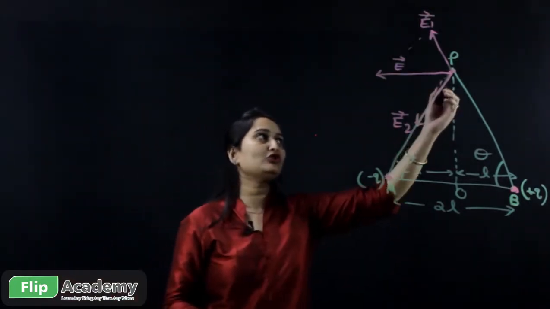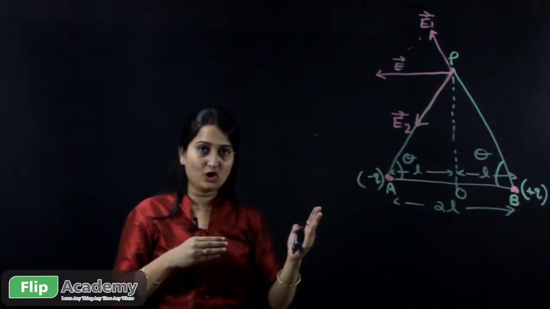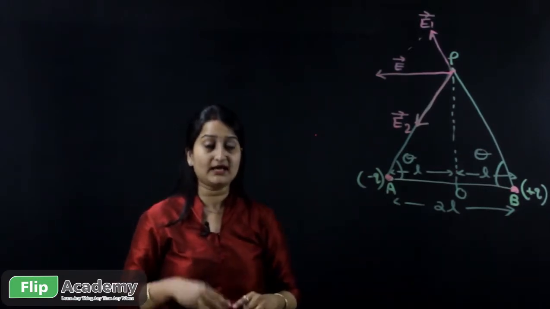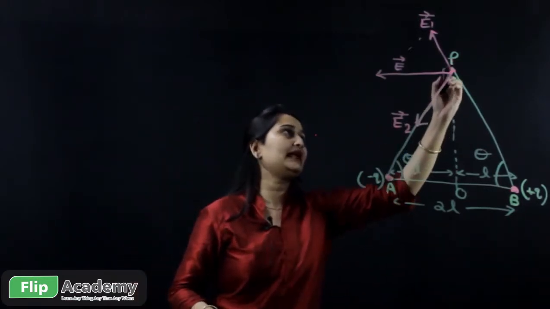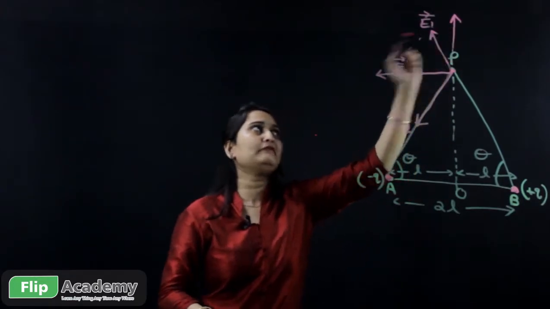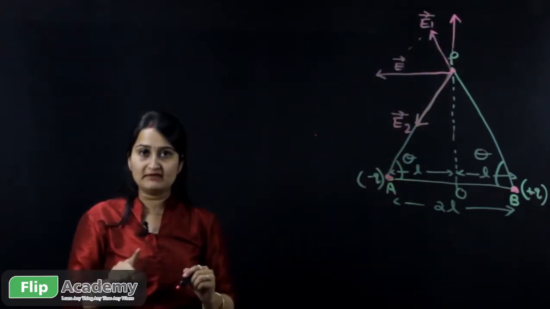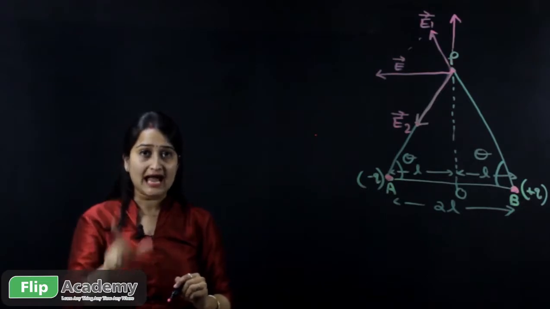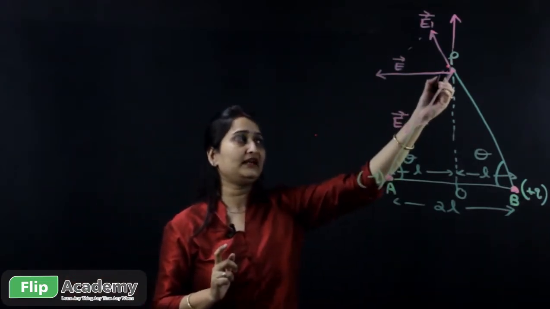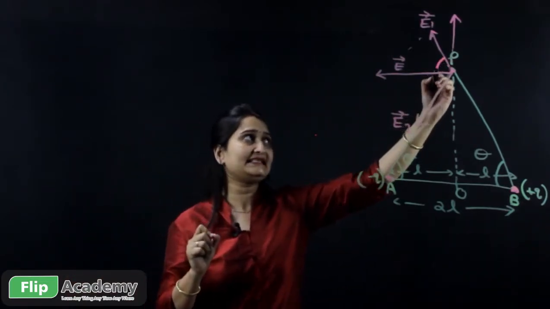That is, if I resolve E1 into a vertical component and a horizontal component, this is the vertical component for E1. For resolving, first you have to check the angle that a particular vector makes with the x-axis.